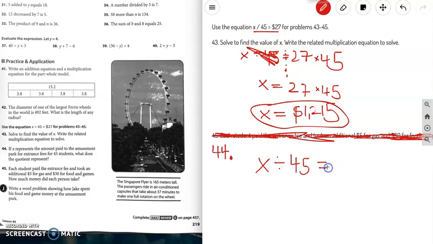So remember, the quotient is 27. The answer to a division problem, that is the quotient. So they're asking us, what does the quotient mean? Like, what does the $27 mean? So they said that x means what? It represents the amount paid to the amusement park for entrance fees for 45 students.